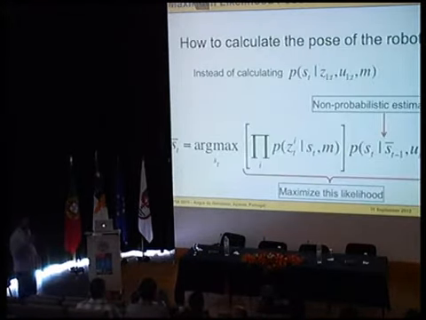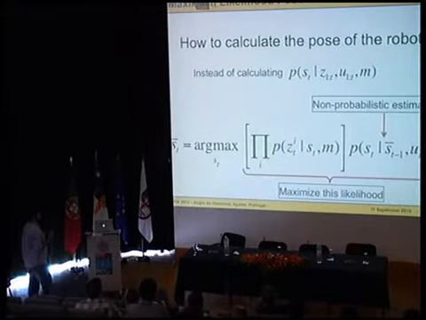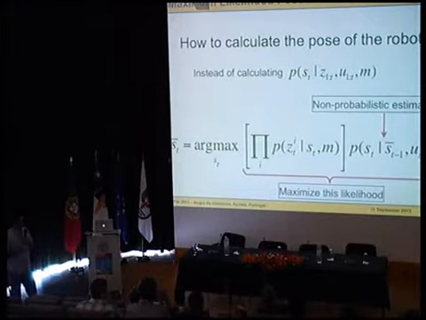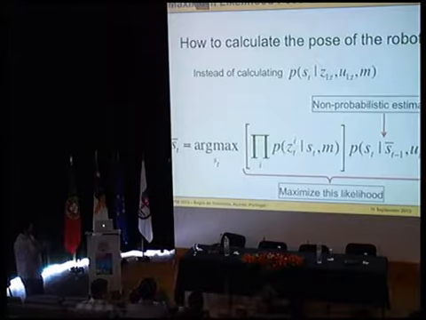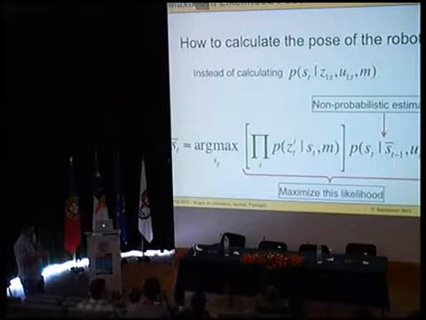Now, let me try to explain how the localization works. We take a non-probabilistic estimation of the pose of the robot, and we try to maximize this likelihood, that is, find the pose that maximizes the likelihood of being in that position, given the measurements and the control actions.